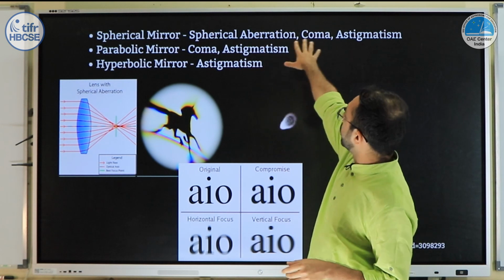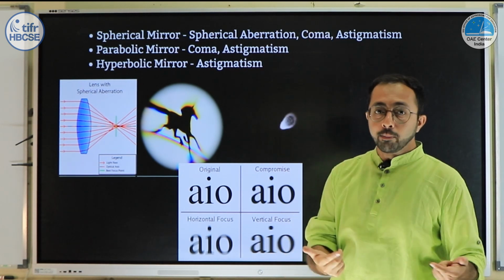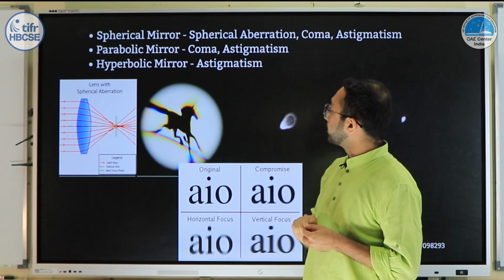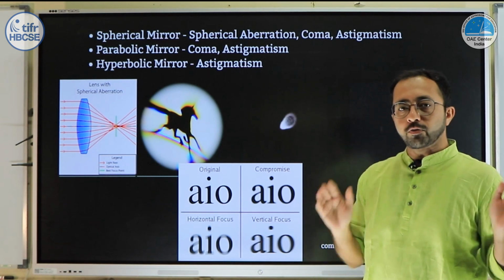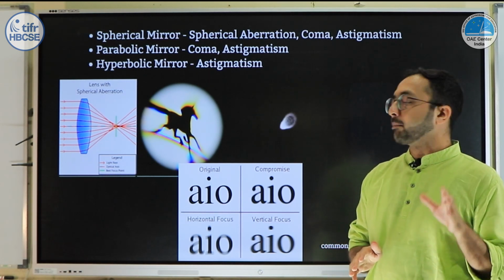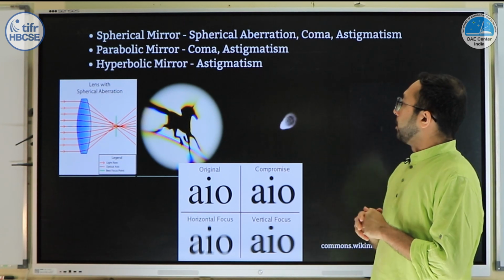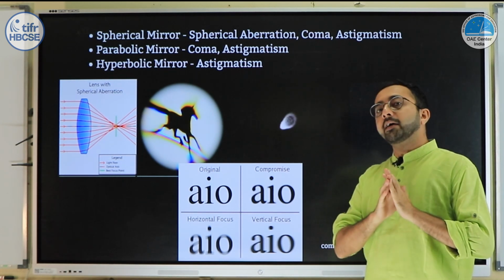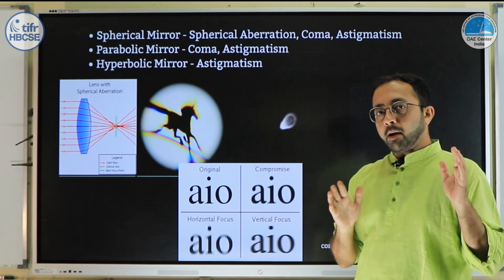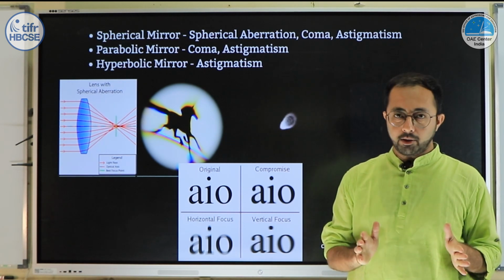So a spherical mirror has all these issues and hence to improve we go for a parabolic mirror. A parabolic mirror removes the spherical aberration, but the coma and astigmatism still remain, and there comes the hyperbolic mirror, where you more or less get rid of coma, but astigmatism may still remain.